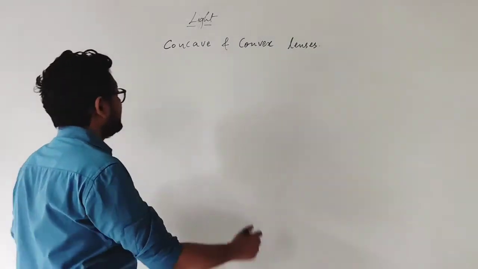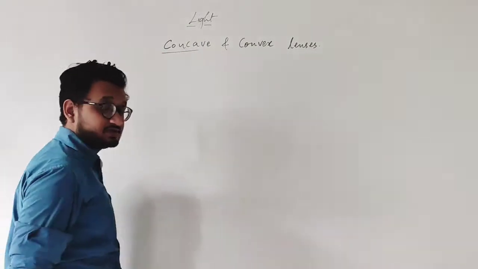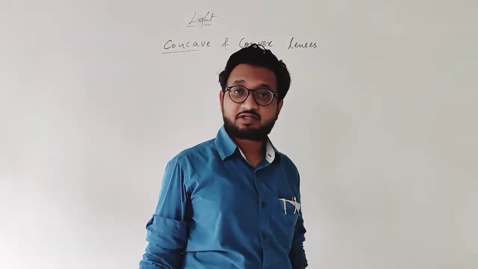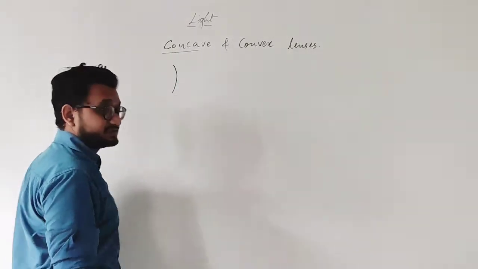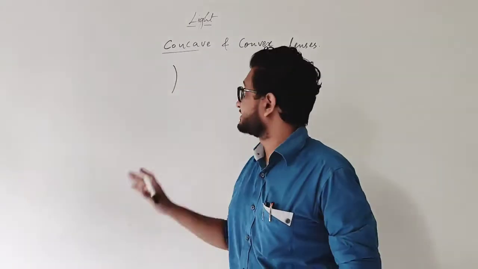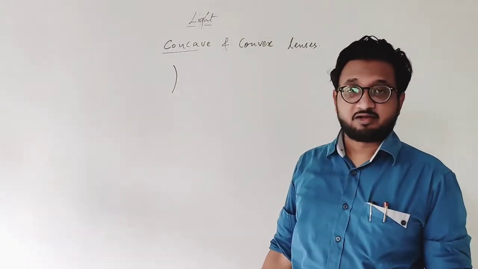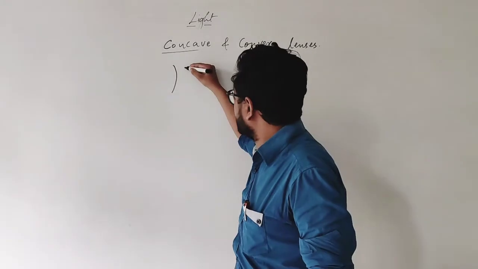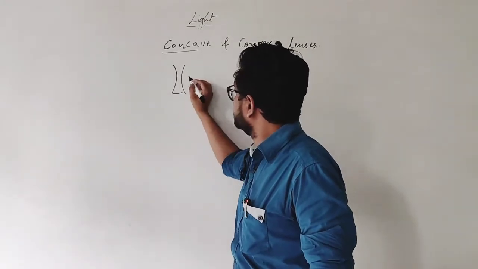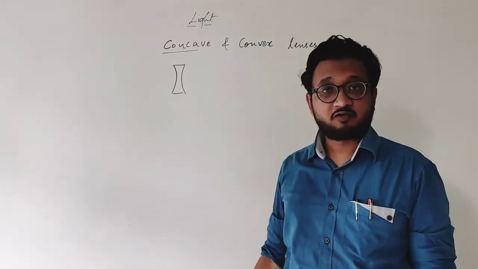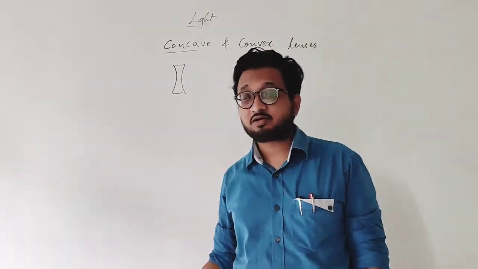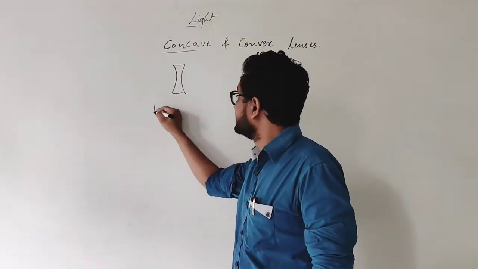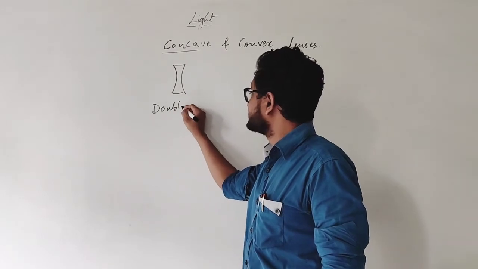Okay, so if we talk about concave lens, if you remember, concave mirror, it is the mirror that has curved inside. So like this. Similarly, we have concave lens which have curved inside. But this is not just any normal concave lens, this is double concave lens.